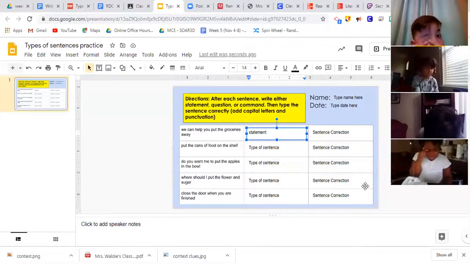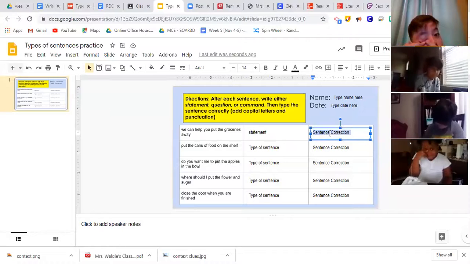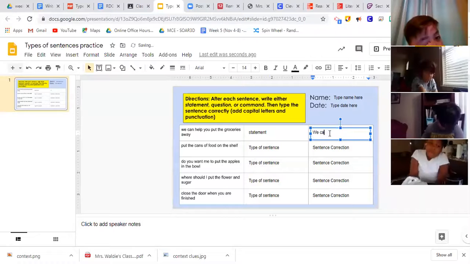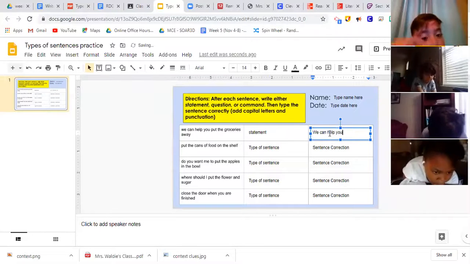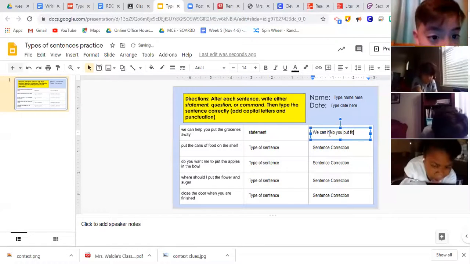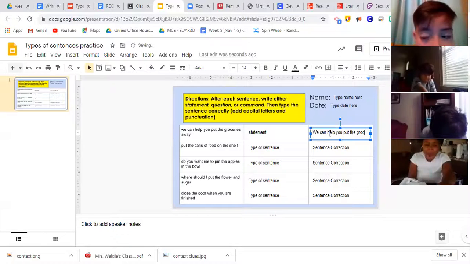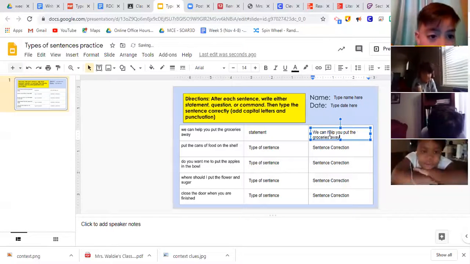Period. A period. So what you're going to do is you're going to retype the sentence correctly. So look, I'm going to capitalize the W. We can help you. All you're doing is copy what I put. Right? We're fixing two things. Put the groceries away. Now, Chokayla said I'm going to add a period, so you add your period.